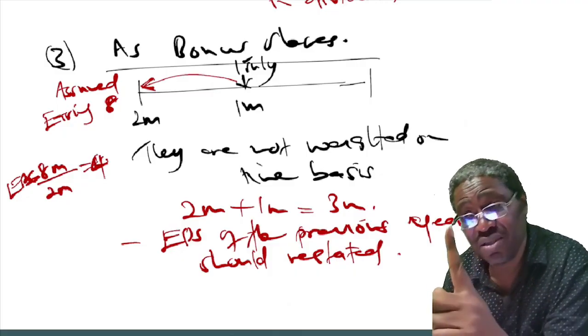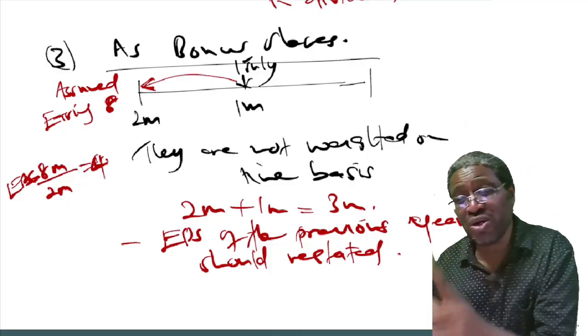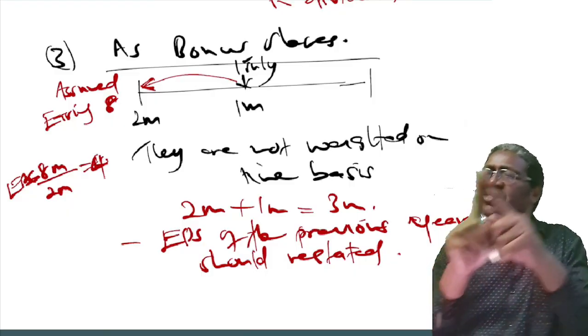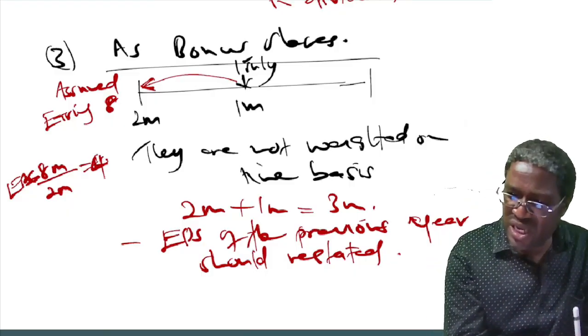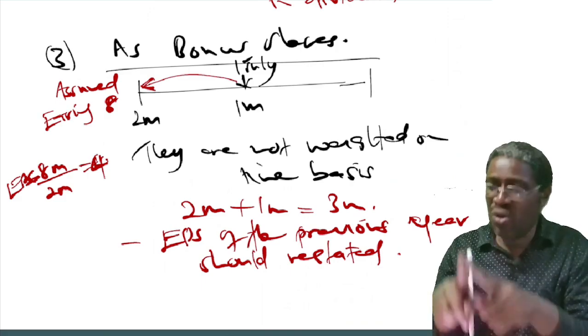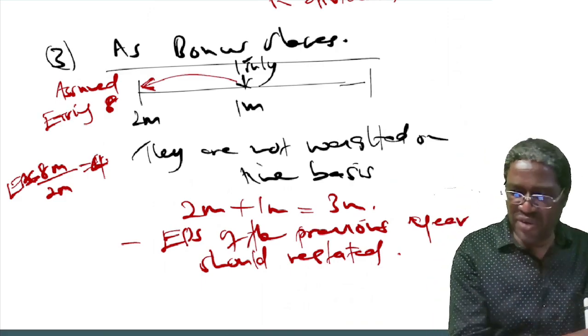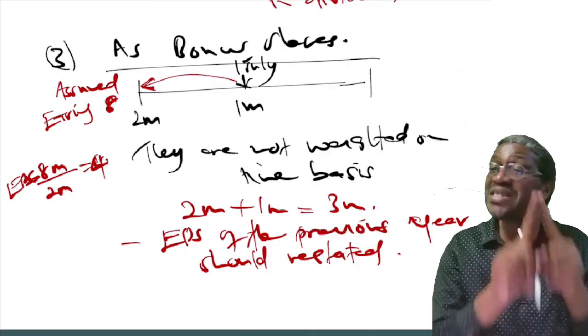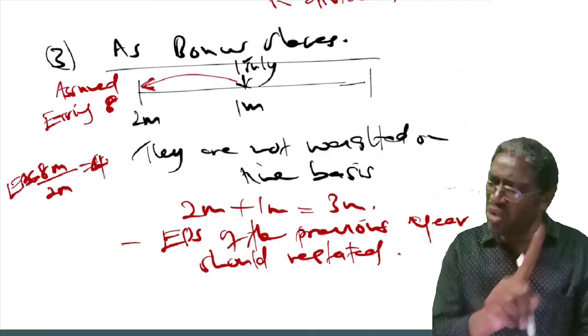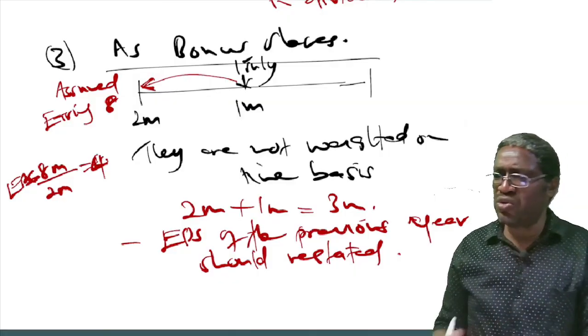But now we are saying, when a company issues bonus shares during the year, they are assumed to be issued as from the beginning of the year, and therefore, for comparison purposes, the EPS of the previous year should be restated. Then the question is, how do you restate the EPS of last year?